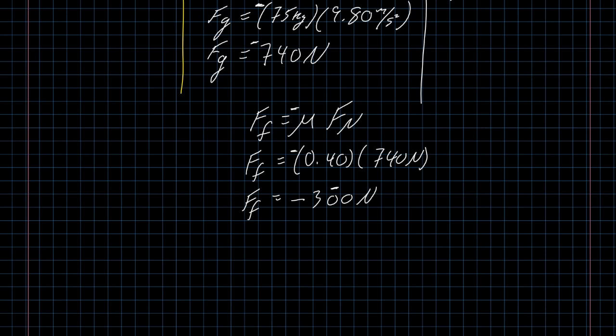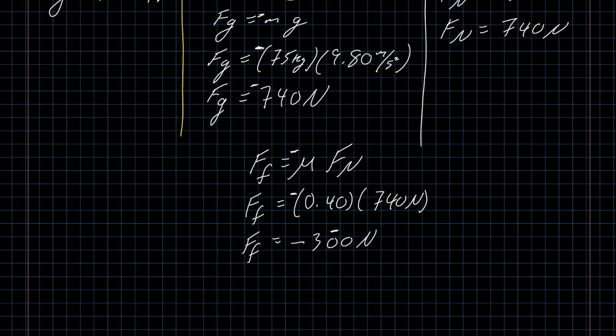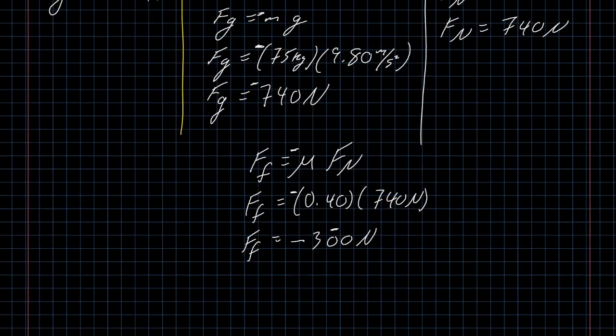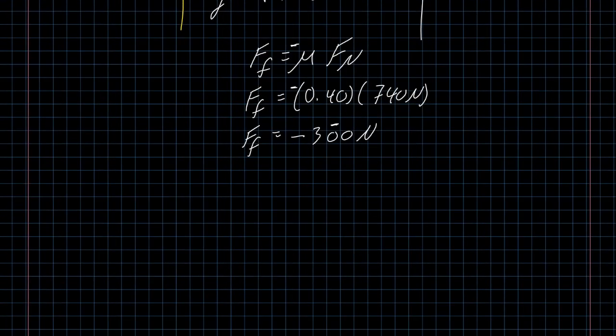And then finally, our applied force is trying to counteract the force of friction. So this is not a formula that I know, but this is where looking at the free body diagram becomes so important. The applied force and the force of friction are trying to oppose each other. If we want this thing to get moving, our applied force has to be ever so slightly larger than the force of friction and in the opposite direction.